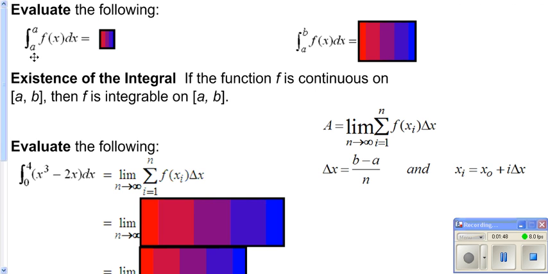So here you're asked to find the area between A and A underneath your curve. Well, there is nothing between A and A, so therefore your area underneath the curve is 0.